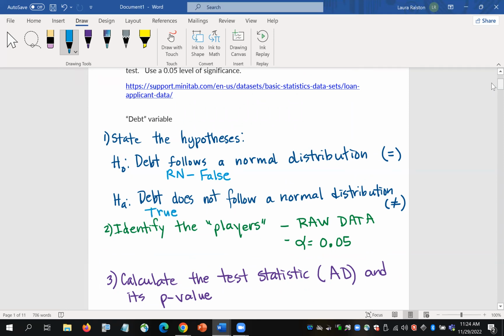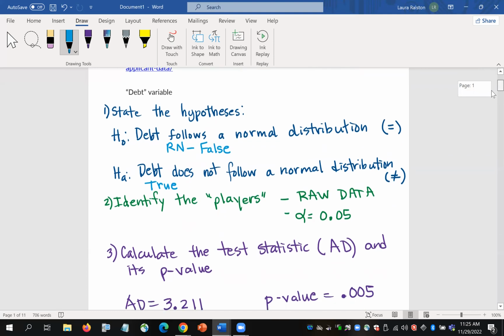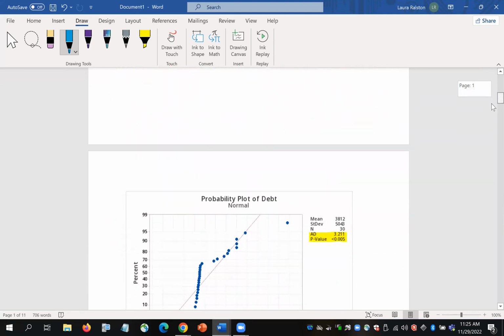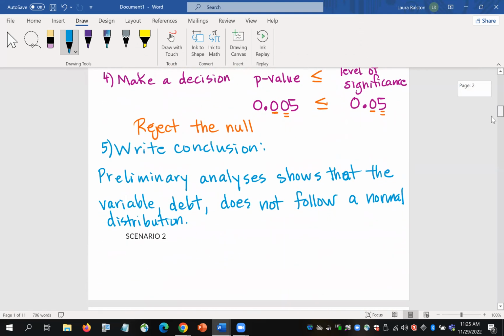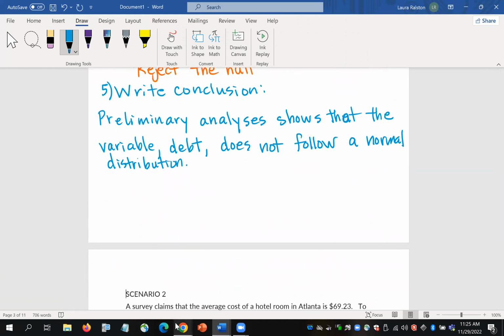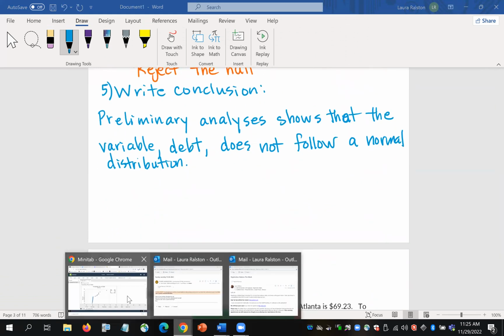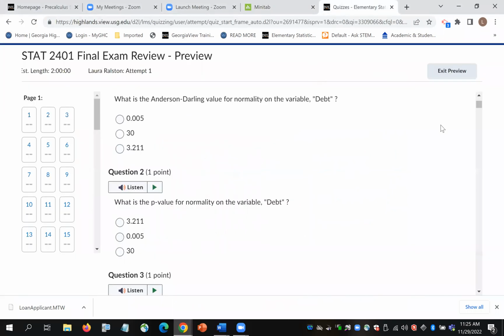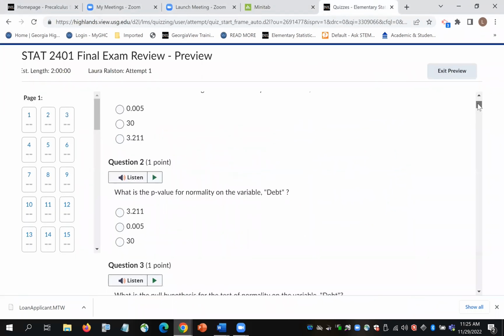So that indicates, if the alternative is true, that it does not follow a normal distribution. Now, when you're looking at this document in D2L, I may not have it worded exactly the same as it is in D2L, but guys, we're close enough.